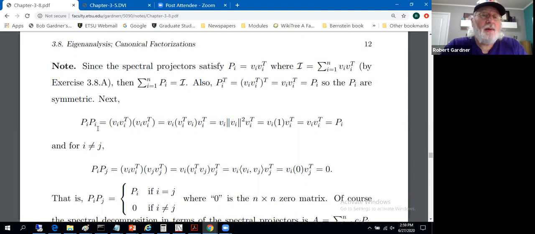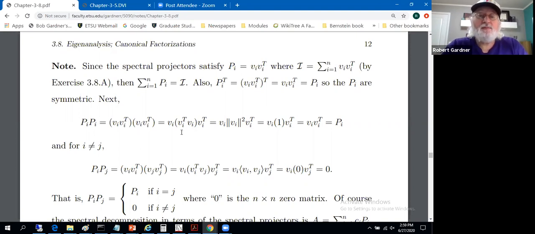Multiply one by itself, P sub i times P sub i. Their very definition is v sub i times v sub i transpose. So multiply those together as matrices. You can associate the inner ones: v sub i transpose times v sub i. Now that's an inner product, a dot product. This outer product stuff had the transpose on the right.